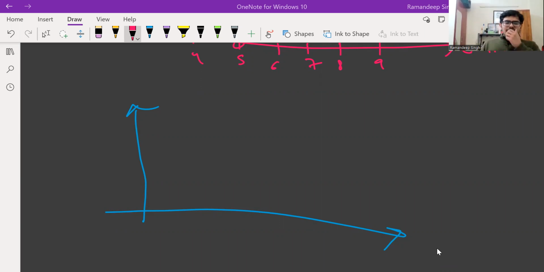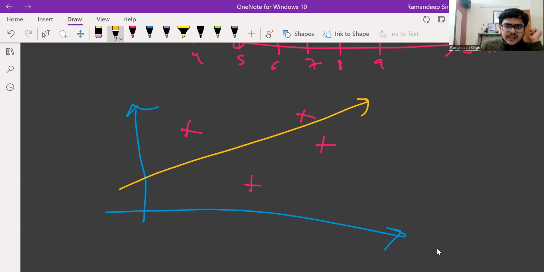Okay, so we have data of, let's say, four students. These are the students, and this is our regression line. So what we want to minimize is these distances. This is the error. This student has got this package, but my model is predicting this point.